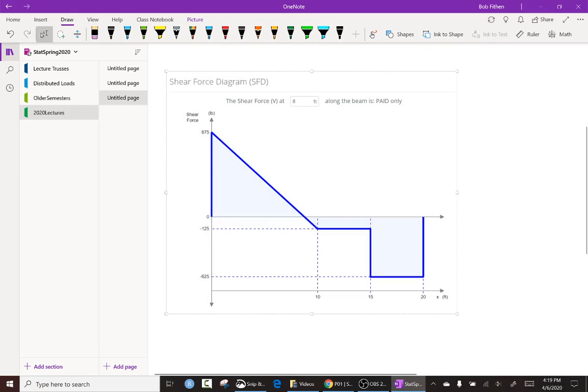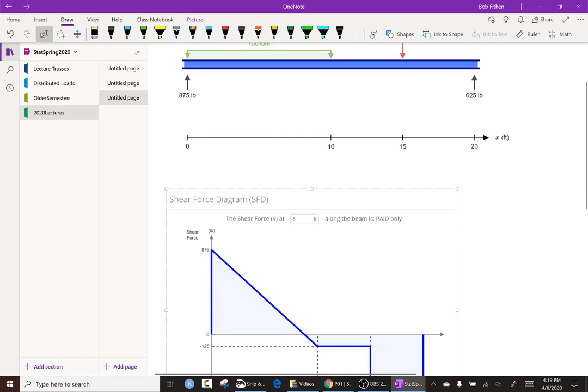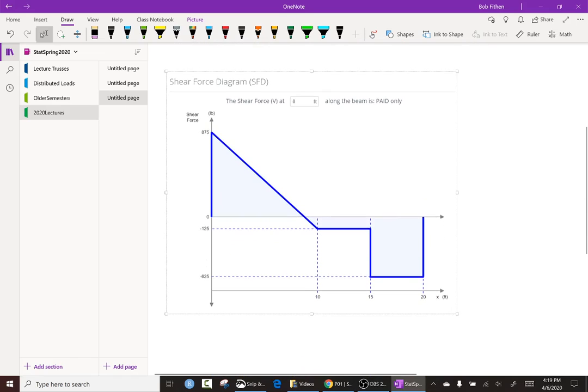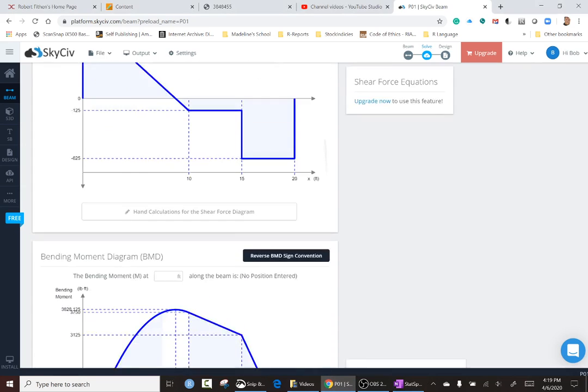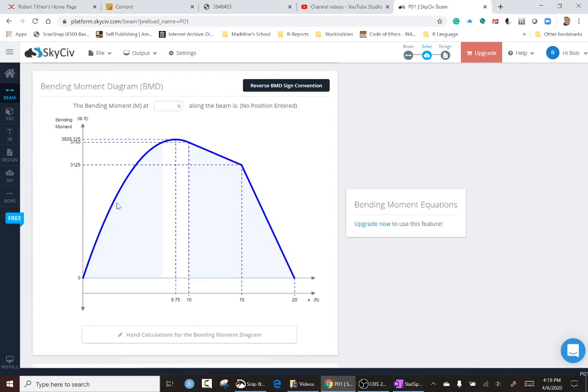It may not line up exactly, but it's close. And to make this discussion complete, we're going to get the bending moment diagram. We're going to explain these, but we're going to ask the question, why are they different?